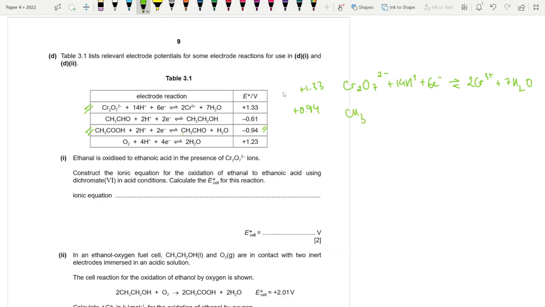And it's going to be CH3CHO plus H2O is equal to CH3COOH plus 2H plus plus 2e minus. So how are you going to balance the number of electrons? It's very simple. We have 6 here, so you have to multiply this side with a 3. If you do that, after multiplication with 3, what do you end up with? Wait, I'm going to write this again.